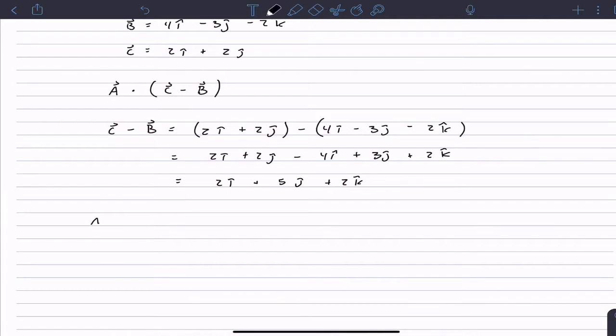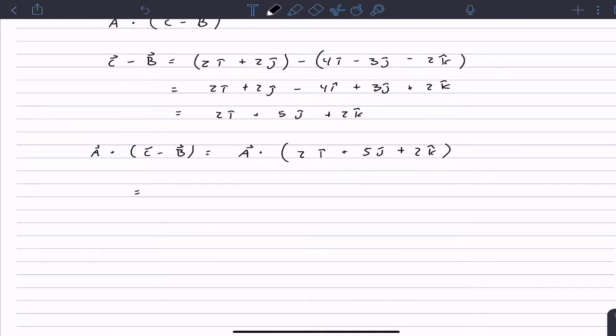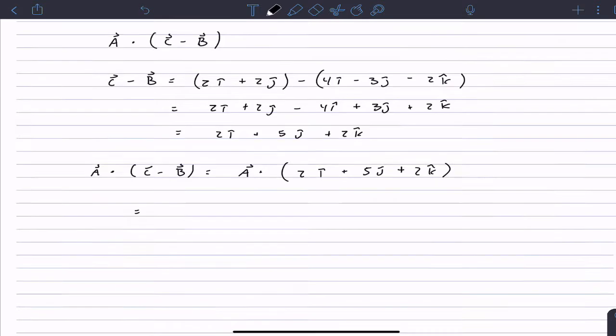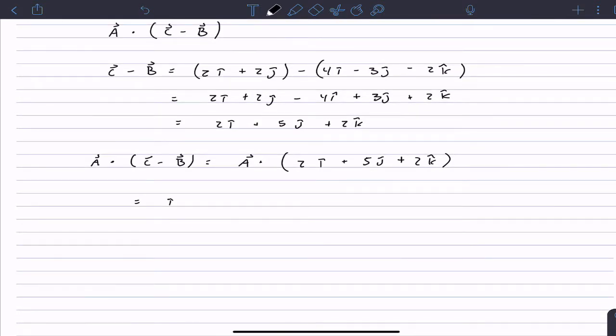Now we take the dot product of a with c minus b. That's equal to a dotted with 2i hat plus 5j hat plus 2k hat. We have a is just i, j, k. I'm just going to copy this.